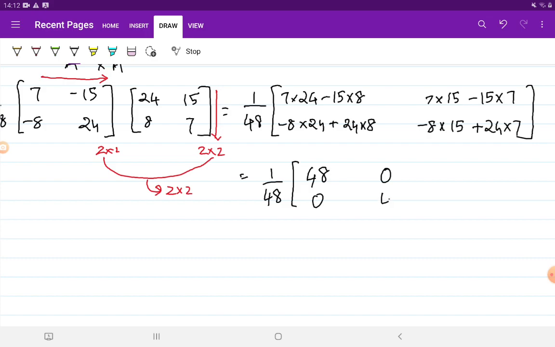And this gives me 48. So when I do the scalar multiplication, meaning multiplying 1 by 48 into each element of the matrix, I will get nothing but the corresponding identity matrix. The end.